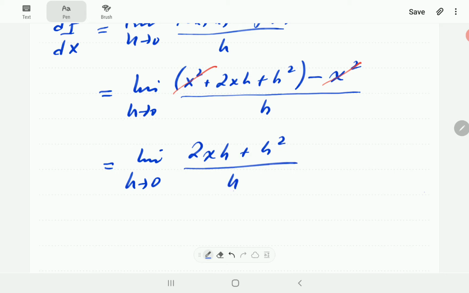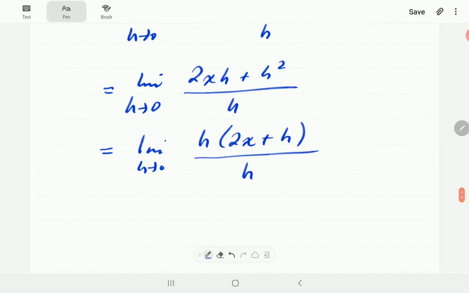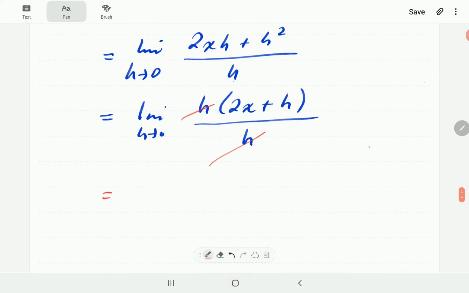Remember, the aim of the simplifying is to identify the common factor. Typically, the common factor for these calculations is always going to be h. So in the numerator, I can see that there is a factor of h, which we take out of the brackets, and so now this cancels out, and so this expression is going to be the limit as h goes to 0 of 2x plus h.